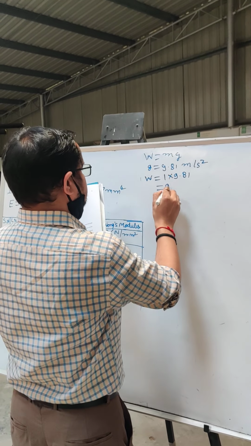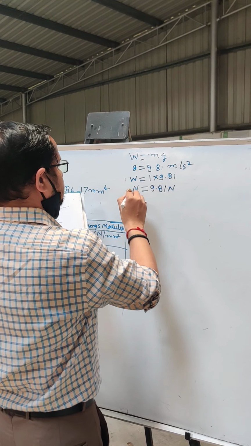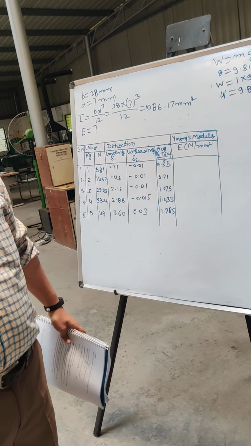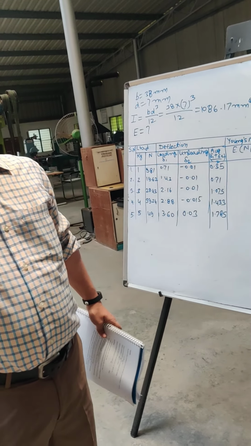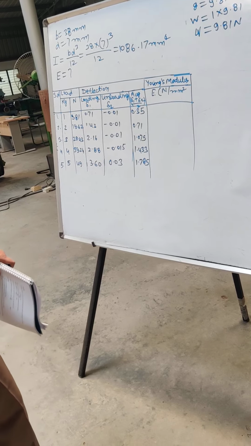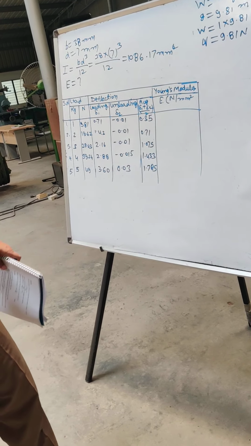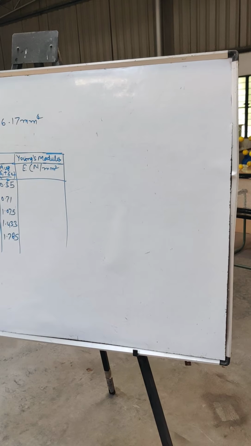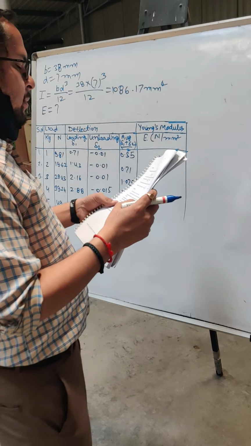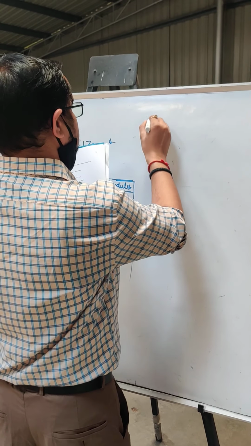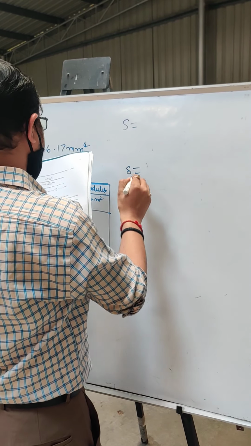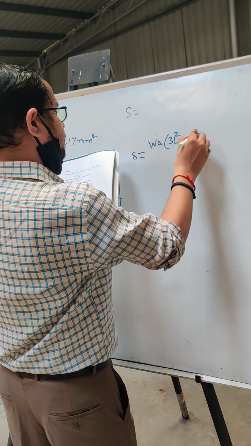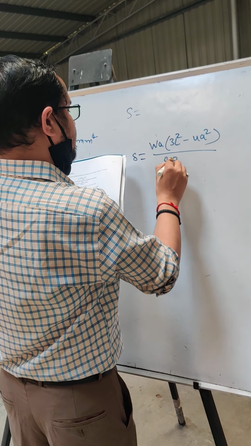So this is about the reading part, and we have an equation: del L is equal to W A (3L square minus 4A square) divided by 48 EI.